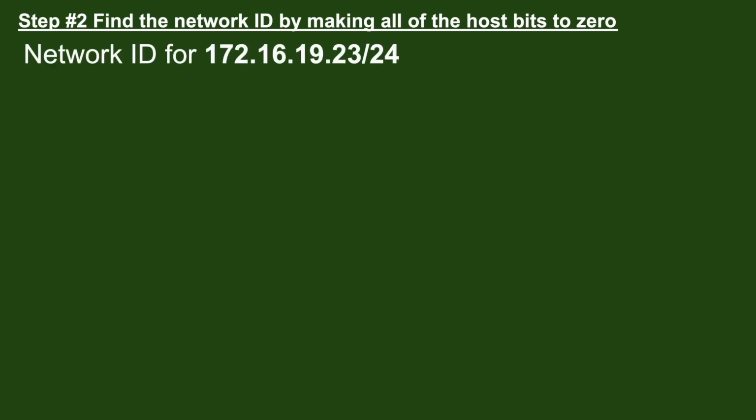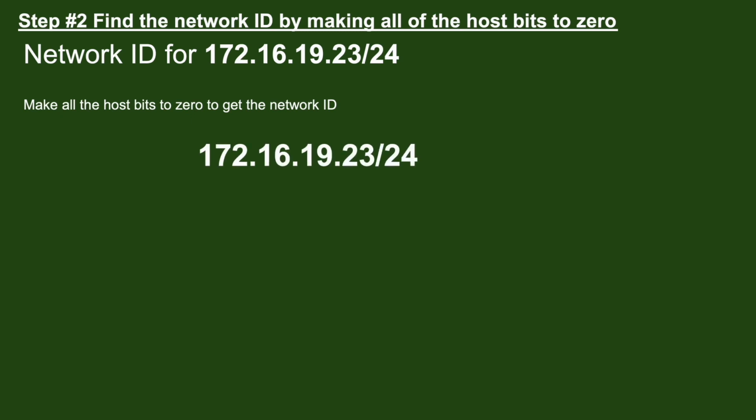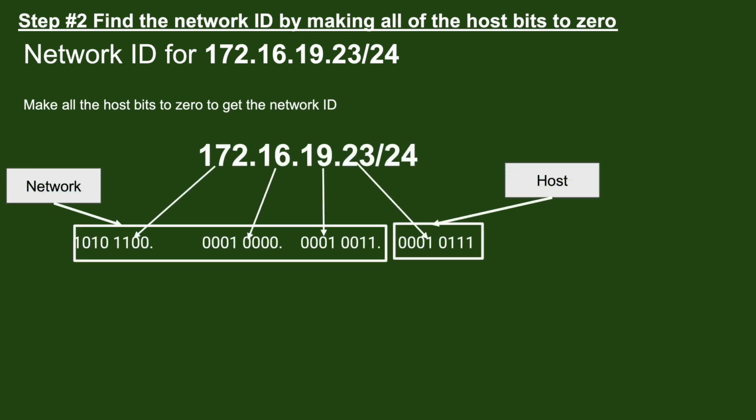Now, in the second exercise, let's find out the network ID. To identify the network ID for this particular IP address 172.16.19.23/24, it's pretty simple because we already identified our network side as well as our host side. Now, what we have to do is convert these into binary format. So 172.16.19.23 is converted into binary.